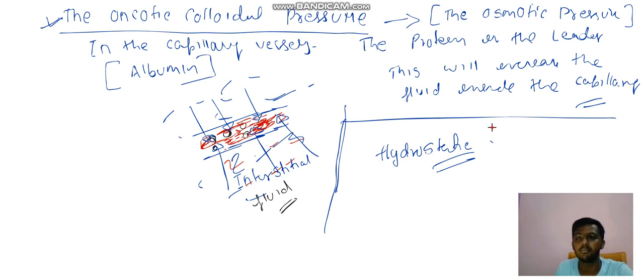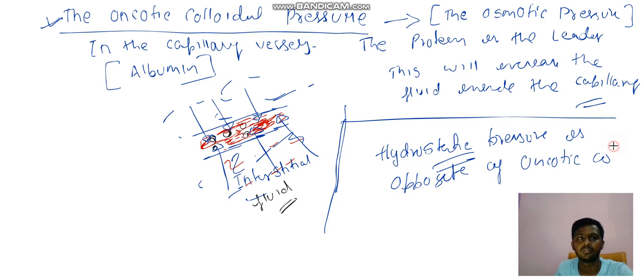Always hydrostatic pressure is opposite of oncotic colloid pressure. Okay, so why we say colloid? Because of presence of protein, that is albumin. Albumin here.